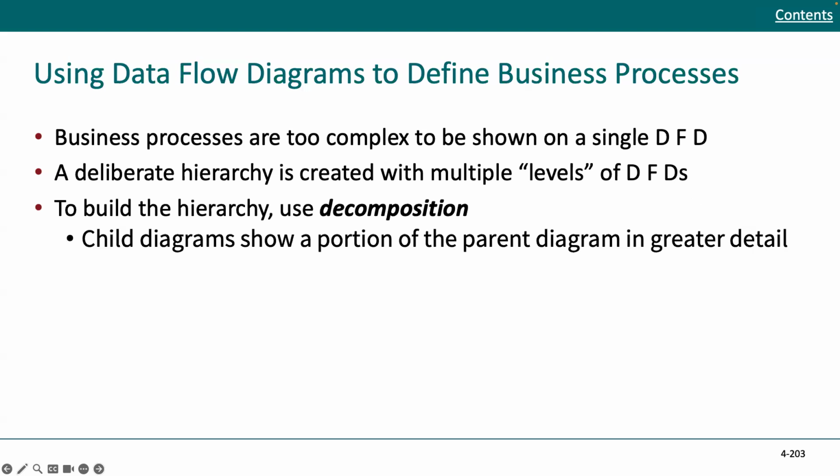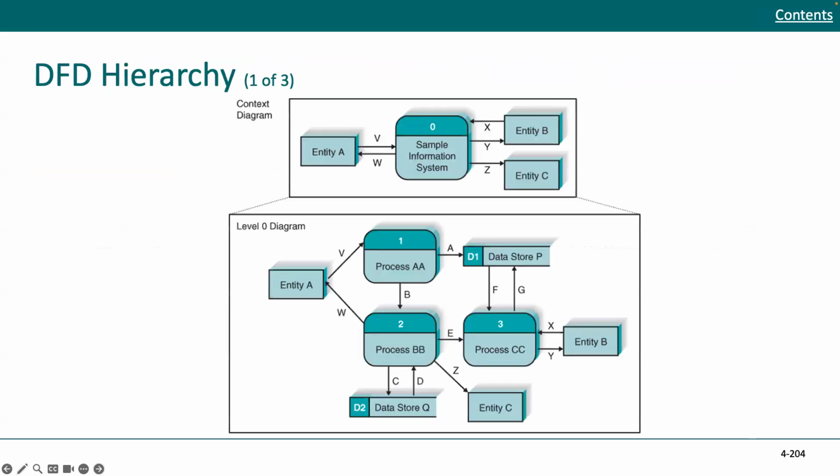Child diagrams show a portion of the parent diagram in greater detail. And so this is just giving some examples of a top level context, and then we have a level 0 diagram, and this is something that we're going to be seeing as we go over the next handful of charts here.